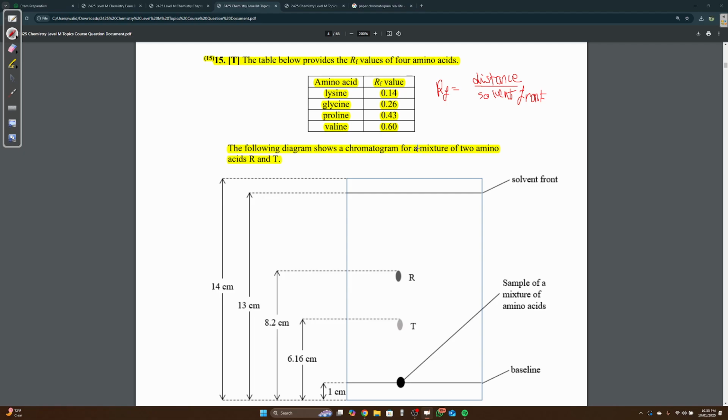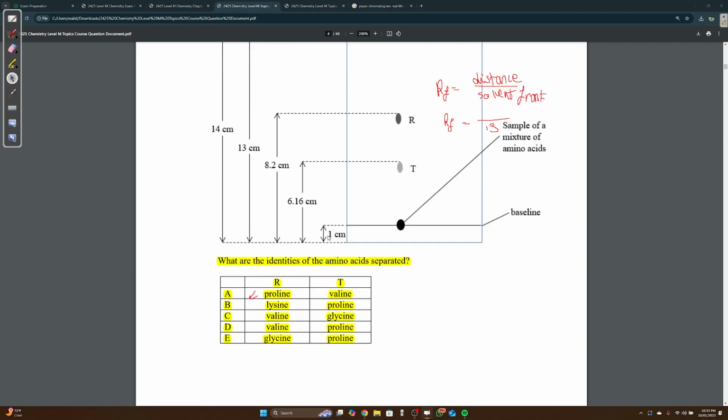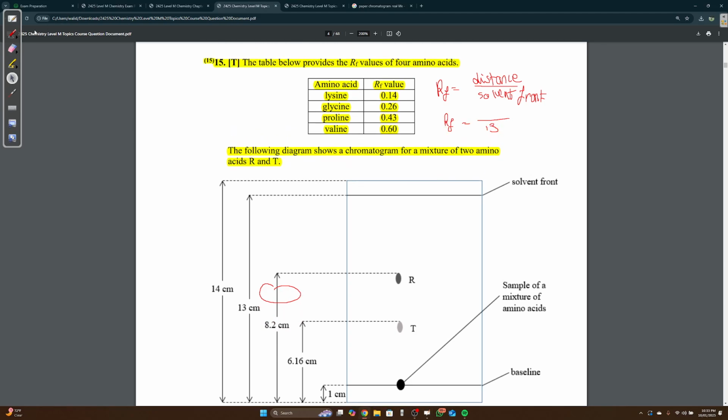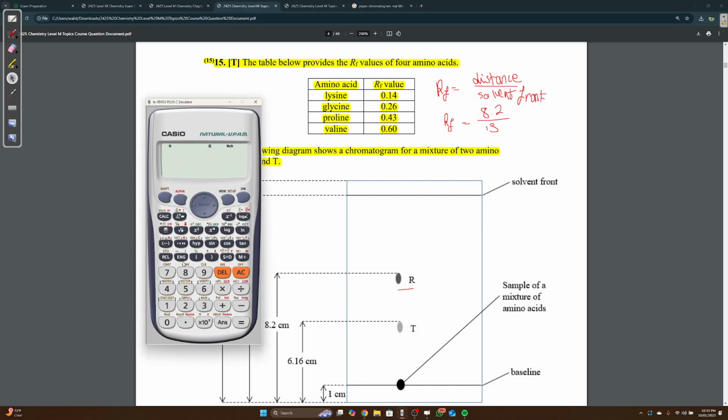Anyway, we know that the solvent front is obviously 13 in this case. So the RF would be something over 13, right? We have a few options here, so which one's which? We can easily find out R and T. R is 8.2 centimeters, so let's find the RF value for R. The RF of R is going to be 8.2 divided by 13, and we have to match it to one of these. 8.2 divided by 13, you're going to get 0.63.